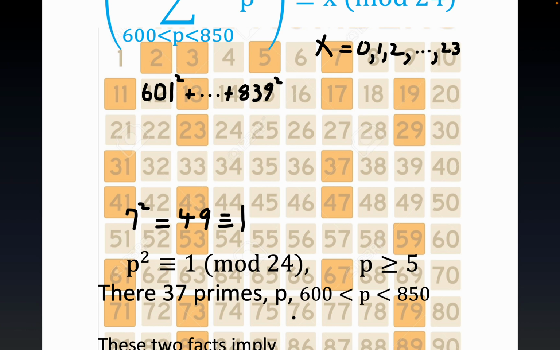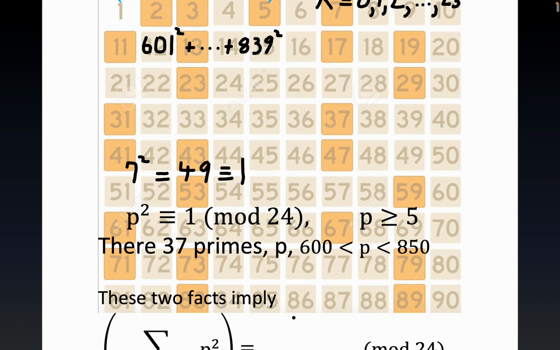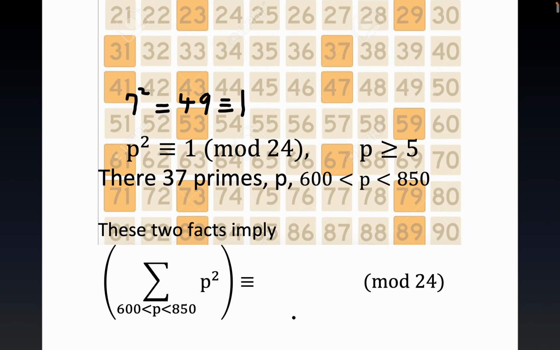Okay, so we're going to use these two facts, and the result is really pretty fast at this point. So we already know there's 37 of these primes, and each one of these p squareds is congruent to 1, right? So we can just simply write the sum of 37 ones, right?